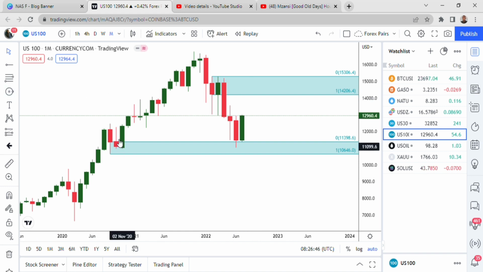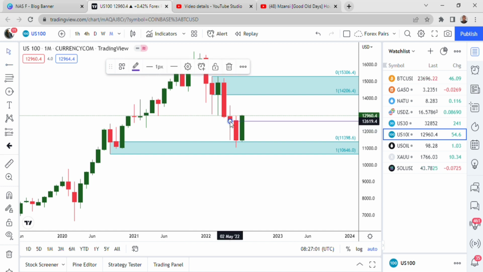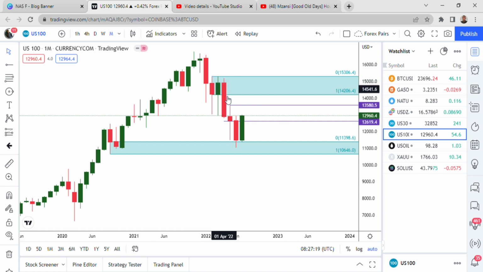So we can see that the price is coming from a monthly area of support, and it's going towards a monthly area of resistance. And the same thing that I mentioned in the US 30, I said as much as the price was moving nicely to the downside, you can see that when this candlestick was formed, if you compare it with this candlestick, it was just the bears alone.